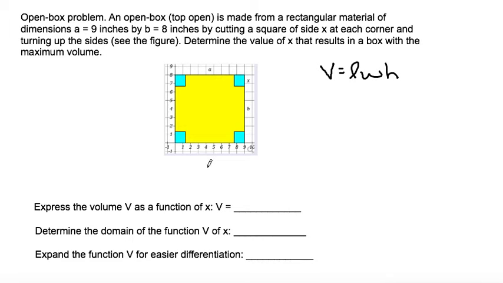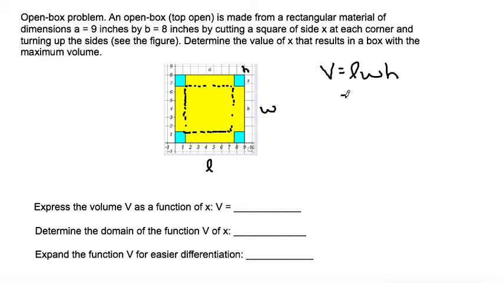Let's say we call this side the length, this side the width, and if we mark some dotted lines here to show if we cut out these blue squares, then we can fold up the sides on these dotted lines to make a box, and the box would have a height that's equal to X. So the height would be the value of X essentially.